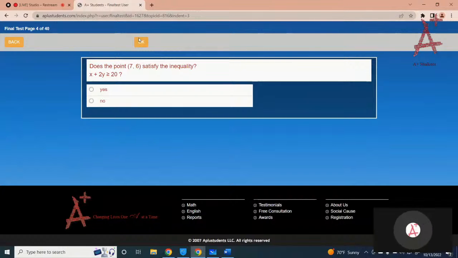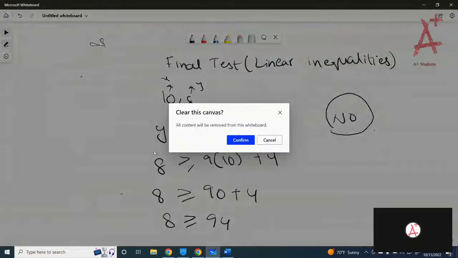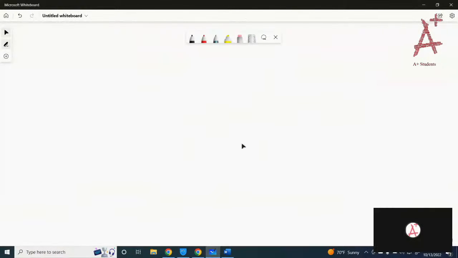Okay, does the point 7, 6 satisfy the inequality? Okay, let's just check. The point is 7 and 6, and the equation is x plus 2y greater than equal to 20. Just substitute the values. This is for x and this is for y.